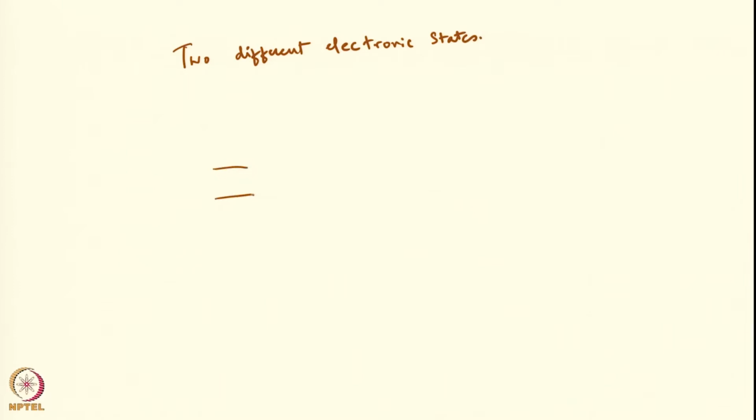Even for atoms you can define electronic configuration, and let us suppose there are filled orbitals, using Pauli's exclusion principle or the Aufbau principle or a combination of them. So, these are filled orbitals and these are unfilled orbitals.